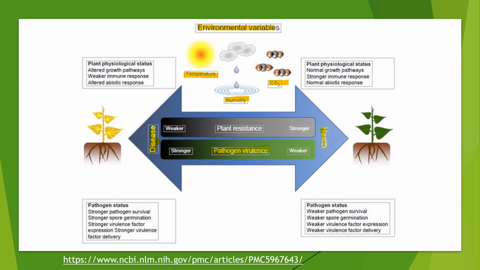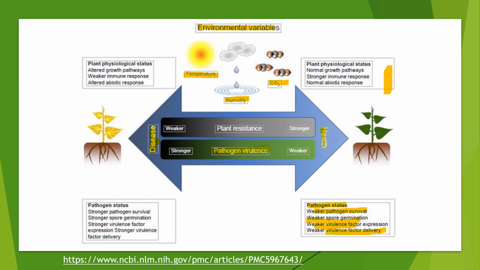Now let us see the disease and health state. Here, when a plant is healthy even in the presence of the pathogen, this implies that pathogen virulence is weaker, survival of the pathogen is weaker, spore germination is weak, the expression of virulence factors is also weak, and similarly the virulence factor delivery is weak.